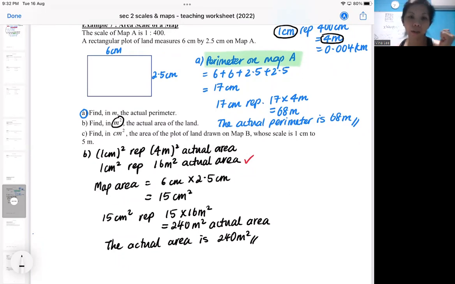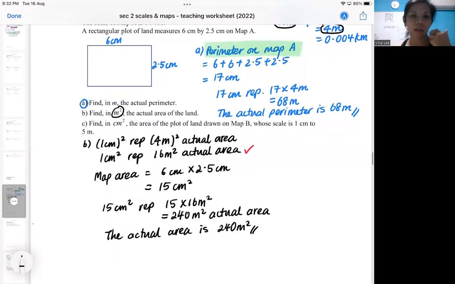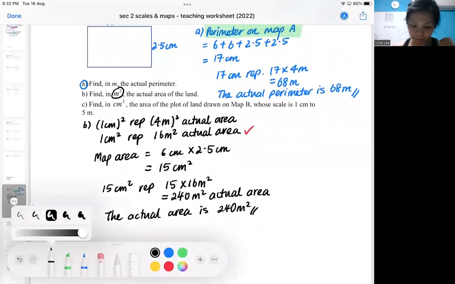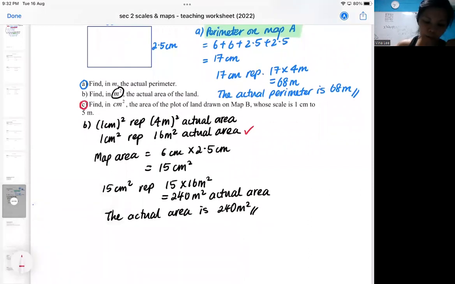Now the critical part, we suddenly are going to have another new map. So for the next part, take note, we have a brand new map. Now this is map B. With this new map, how does the plot of land look?